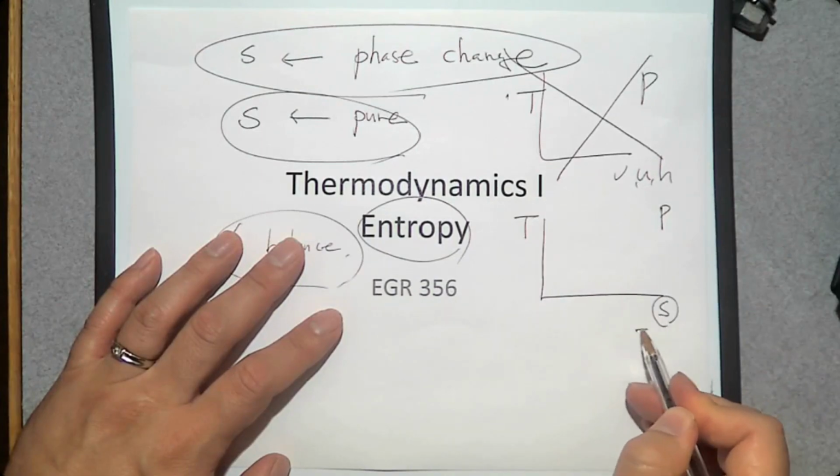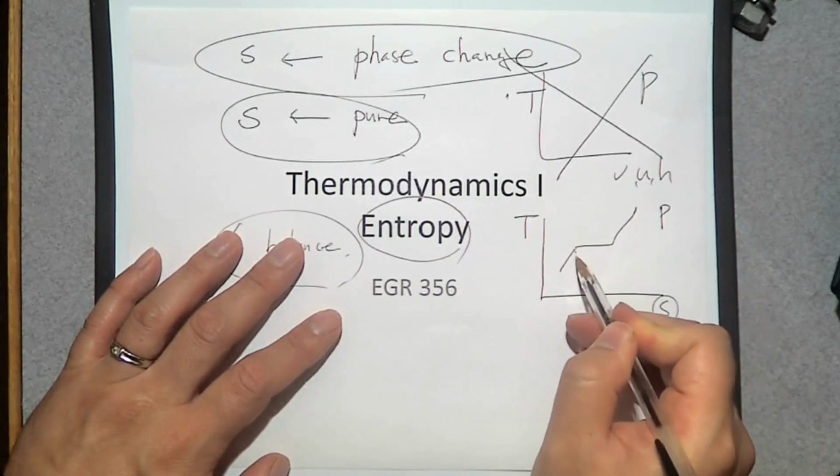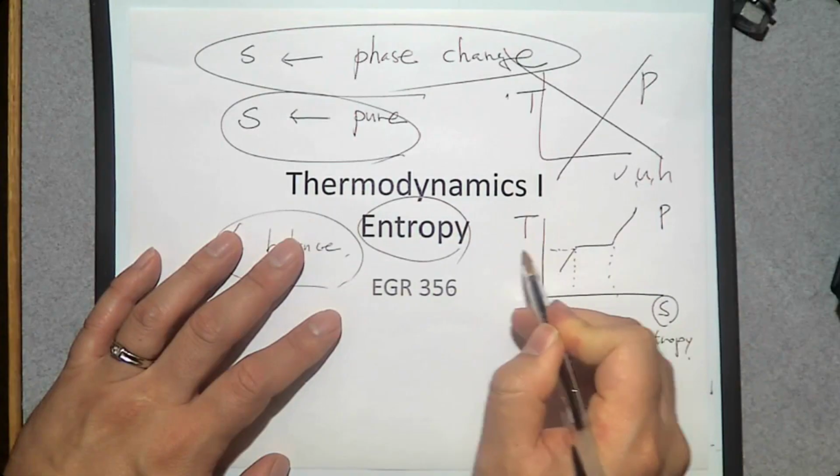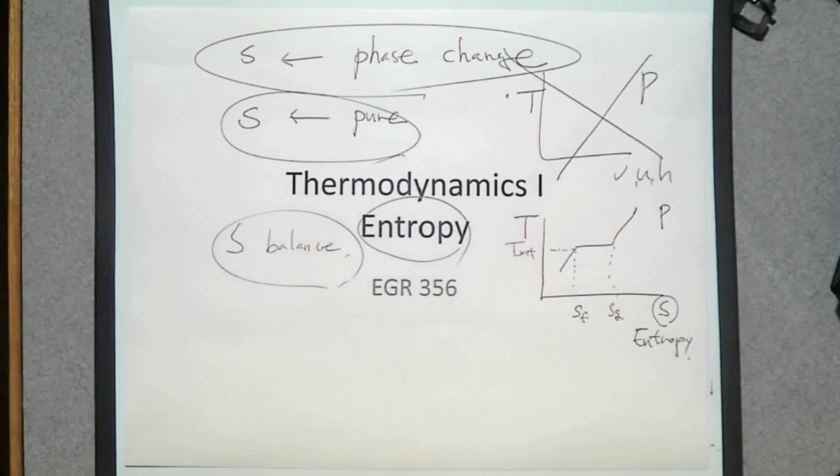What is this s? Entropy. And the graph looks like the same thing, with T, s_f, s_g. So you treat this entropy s the same as u, v, h. That's how you determine entropy s when you have a phase change material. So that's number one.